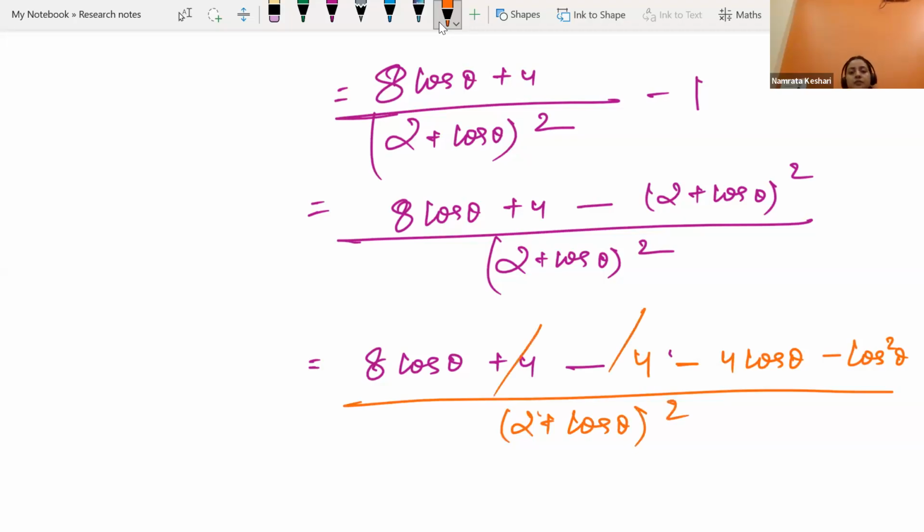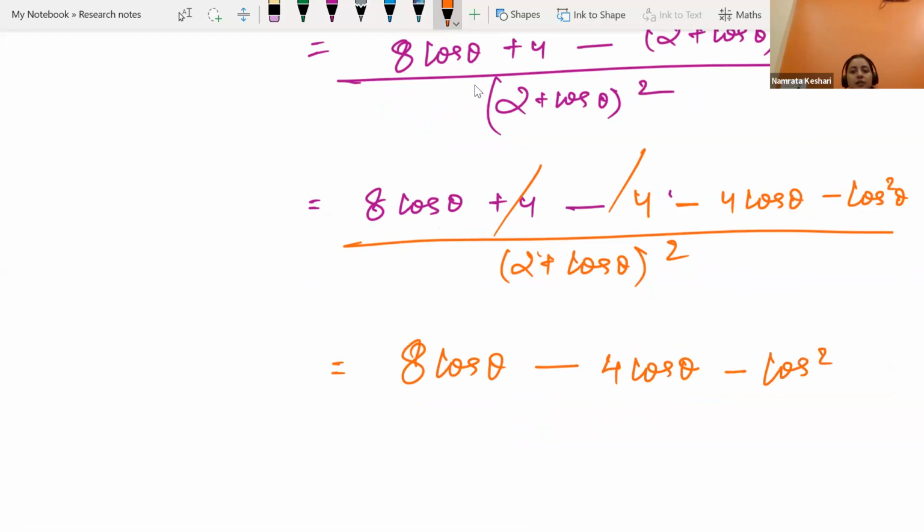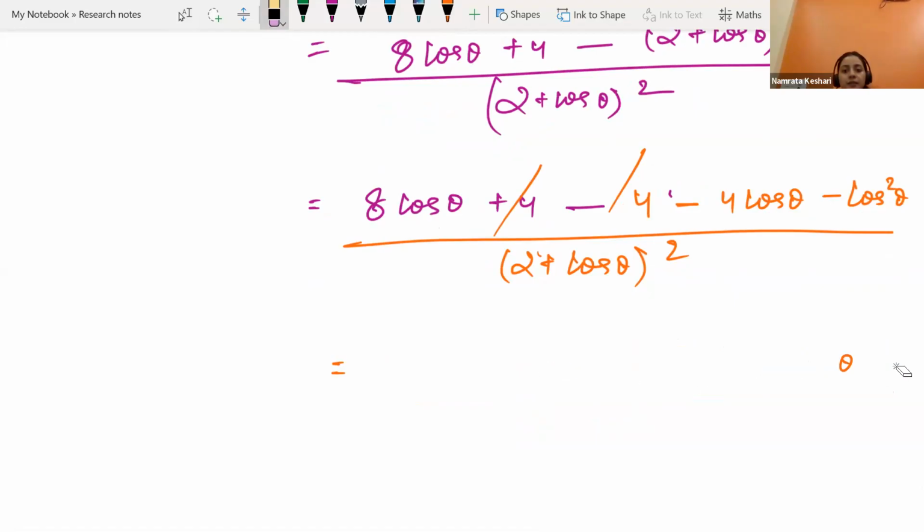For 1, what else? 8 cos theta minus 4 cos theta, minus cos square theta. 8 minus 4 we can do directly also. 8 minus 4 will be 4, right? Yes.